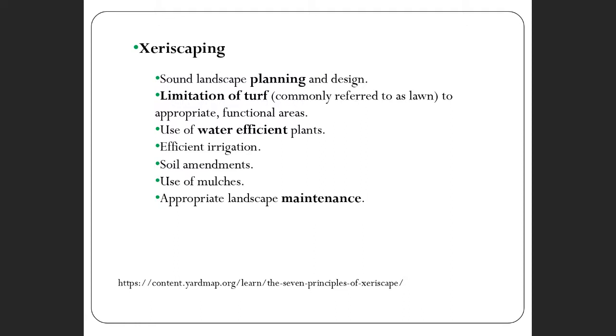Reduce the amount of lawn. Use water efficient plants, native or adapted species. And then efficient irrigation systems. Mulches and soil amendments, along with appropriate maintenance. That's xeriscaping.